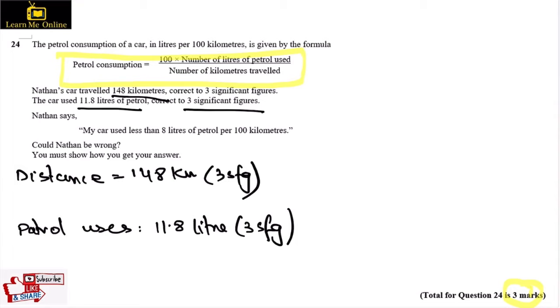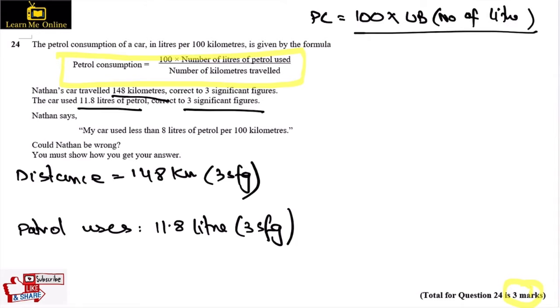What we're going to do is use the upper bound of both of them. I'm going to use the formula: petrol consumption equals 100 times the upper bound of the number of liters of petrol used, divided by the lower bound of the number of kilometers traveled.